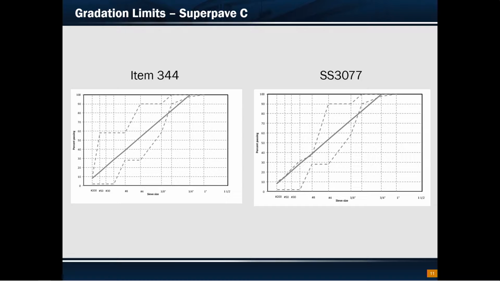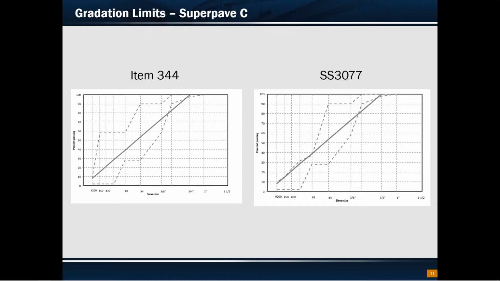There you go. Again, on Superpave C, we said do not design above the reference zone. So when you look at the number 16, 30, and 50, that's reflected. And then what we also did is on the number 8 sieve, we further reduced it to 37. So your gradation limits on a Superpave C mix are 28 to 37.